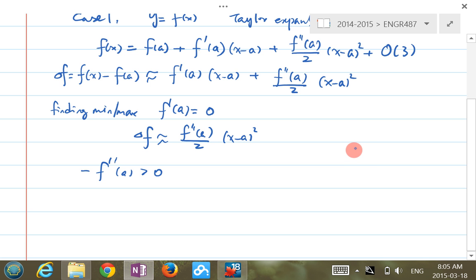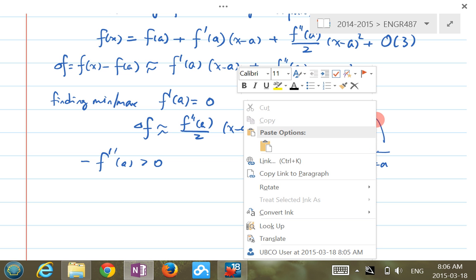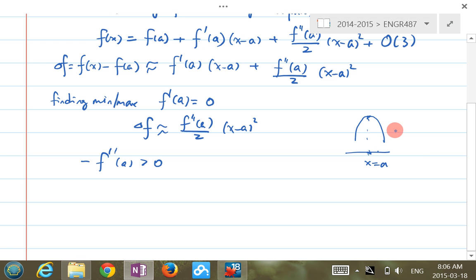So here is x equal to a, and a little disturbance from that, any values beside x equal to a, minus this value is greater than 0.